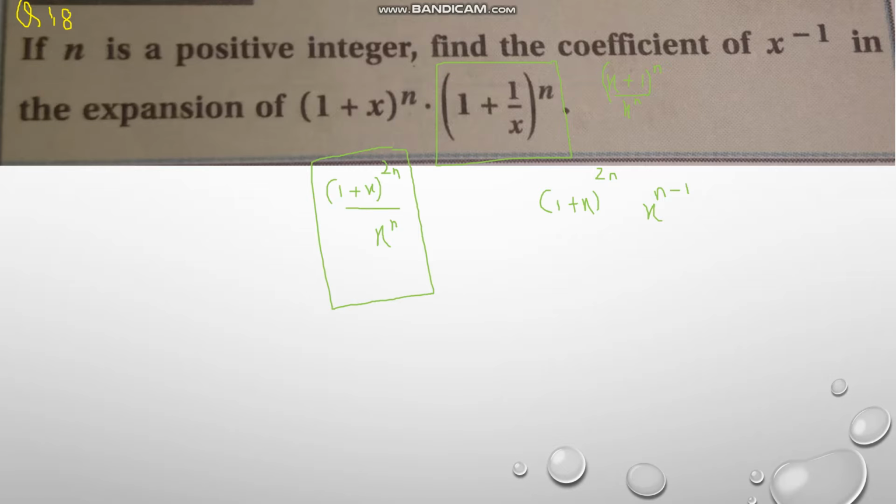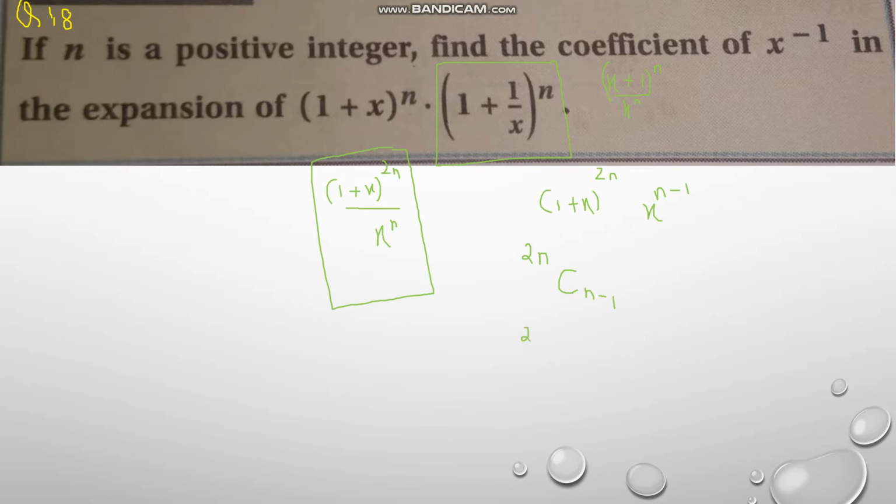This is the part one may find tricky. If we find the coefficient of x to the power n minus 1 there, and divide that by x to the power n, we will have x to the power minus 1, which is our required thing. And now nothing is to be done. 2n C n minus 1 is our answer.